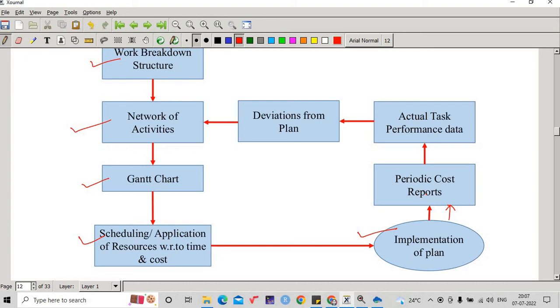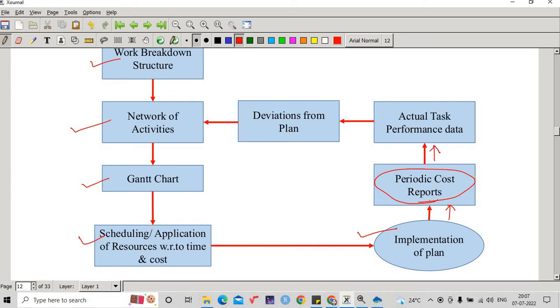Suppose any activity is to be performed within 2 days, but in the process we find it is taking 3 days, so the cost is getting raised. In that case, periodic cost reports are also mandatory to readdress the different activities or loopholes in the different activities to carry out a certain project.